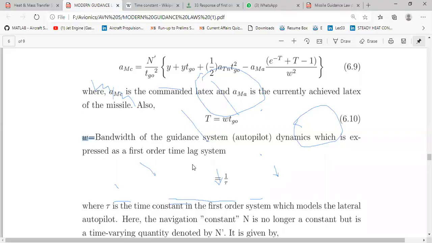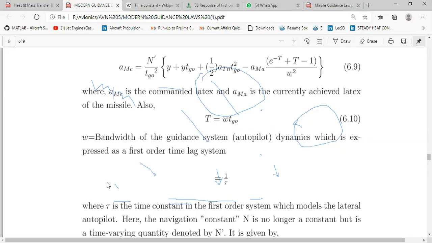There may be a time lead network or lead lag network, but as we are talking about the delay time, it will be a time lag network. And for a time lag network, the relation between delay time and the time constant, that is small t, is that delay time multiplied by the time constant is equal to 5.